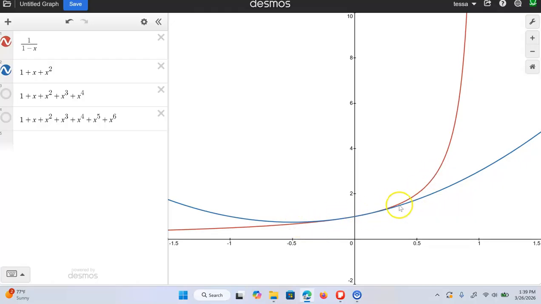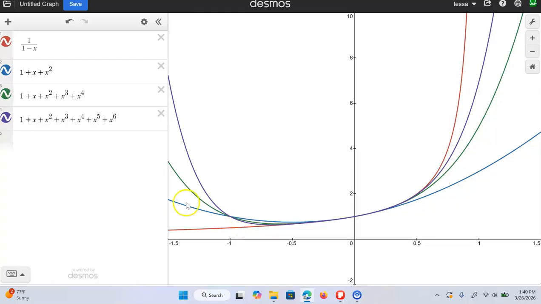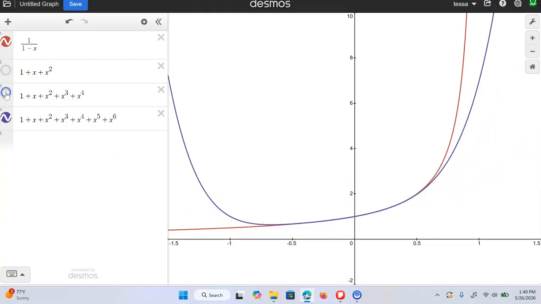The red graph's the original rational function, but it's hugging it. Now, if we use a few more terms, that S4, the fourth partial sum, that green curve is an even better model for that original function. And then if I use more terms, it's an even better model. Let me just take those other ones off.